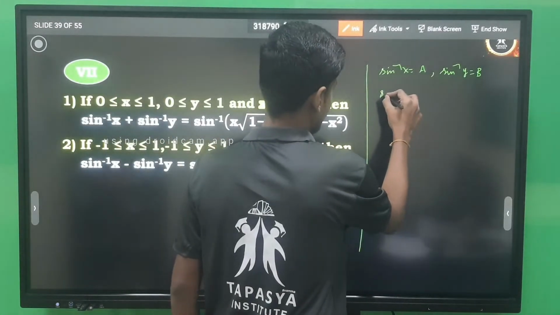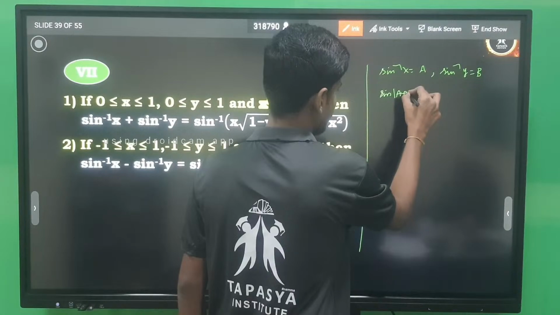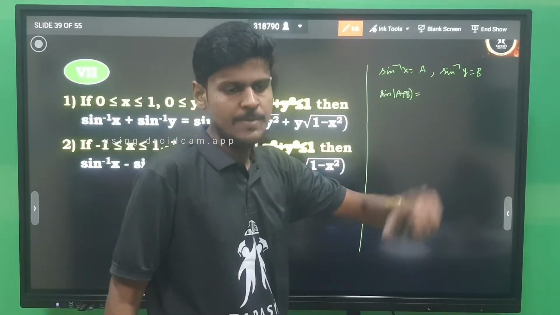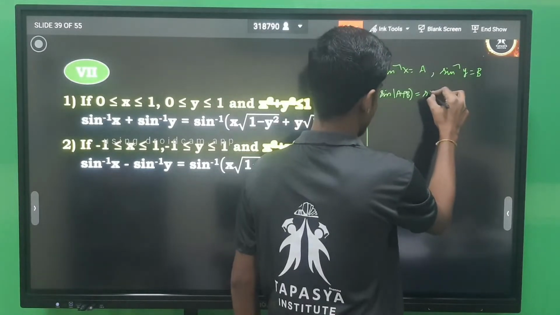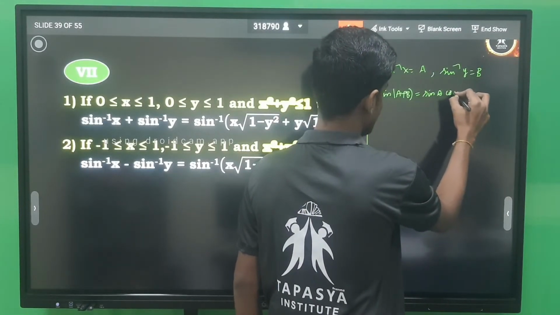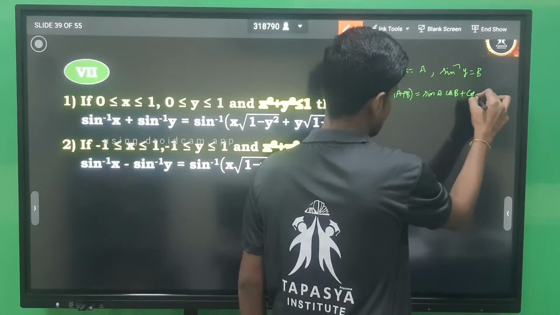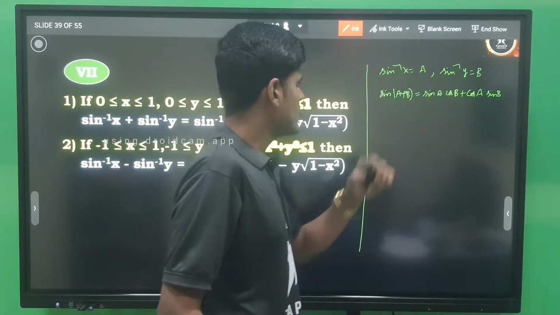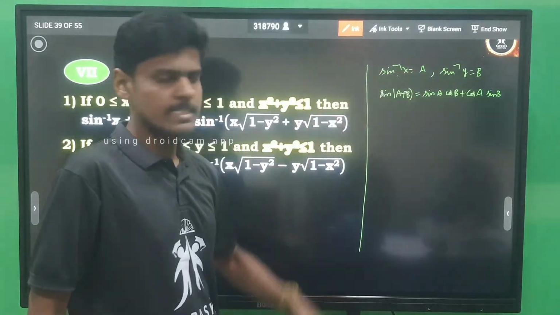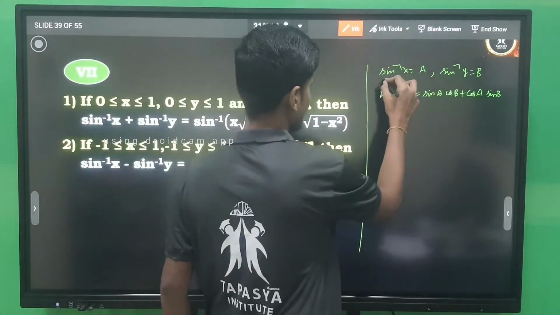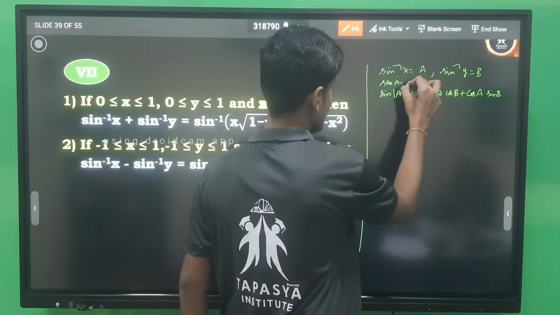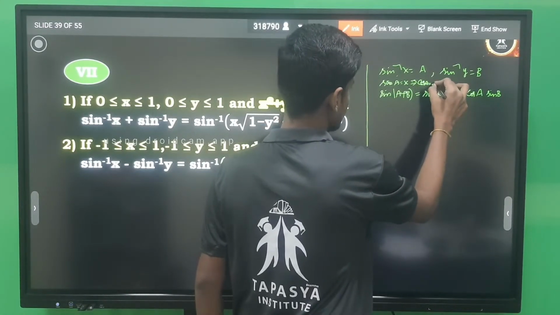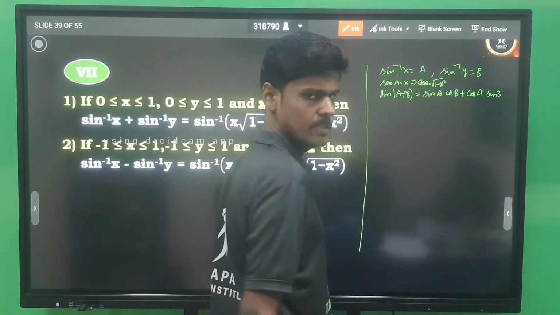We will take sin of a plus b. What is the formula for sin of a plus b, students? Sin of a plus b is equal to sin a cos b plus cos a sin b. Now what is sin a? Sin a is x, which means cos a is root 1 minus x square.